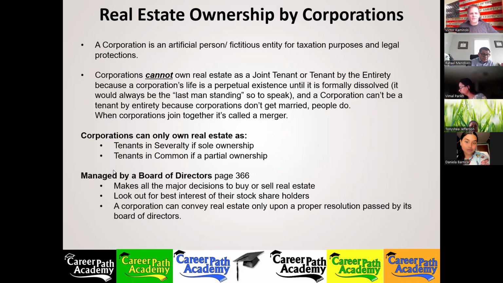And then corporations are managed by their board of directors. The board of directors are the people who are supposed to be looking out for the best interest of the investors. That's why any major decisions, this president or CEO, they're not supposed to do it on their own.